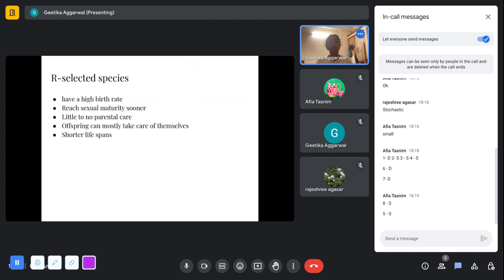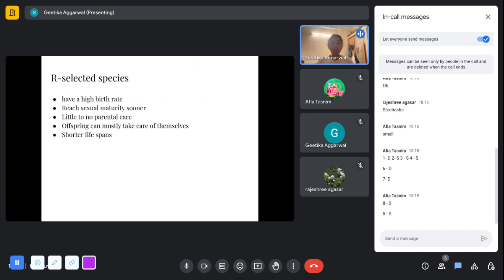They produce a higher number of offsprings in one bout of reproduction. Then they reach their sexual maturity sooner, at small ages. They have little to no parental care. The offsprings of an R selected species can mostly take care of themselves. That stems from the fact that they have little to no parental care. And these R selected species in general have shorter lifespans.